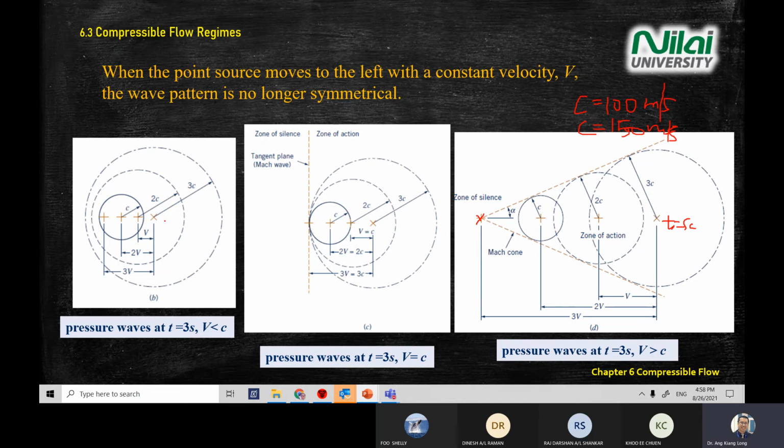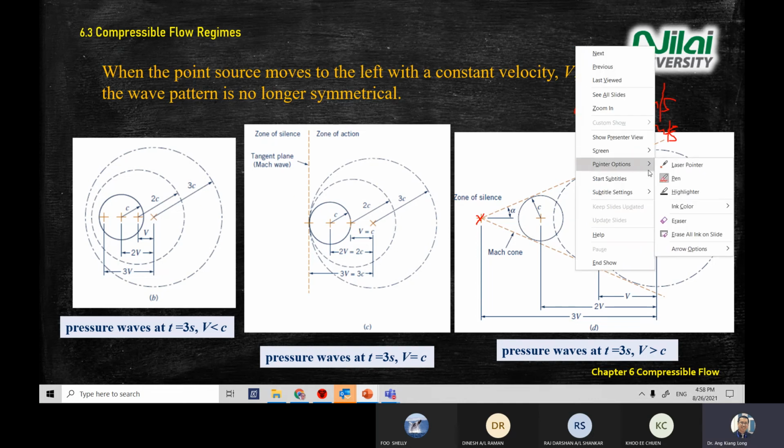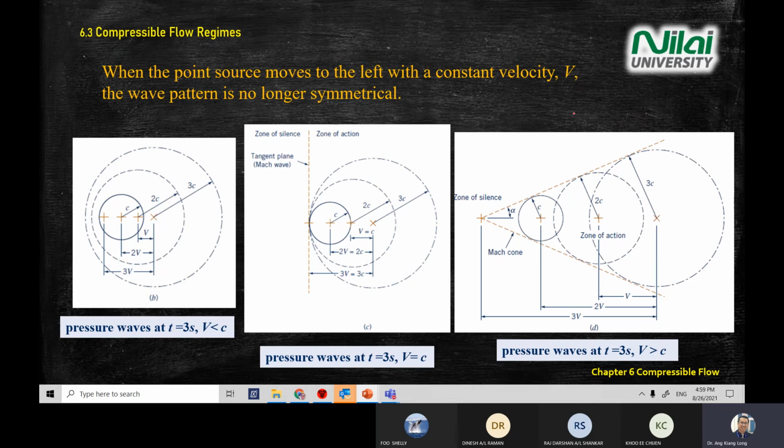So these 3 graphs explain why the military is interested in investing money in supersonic fighter jets, because you can reach your target before your enemy detects your movement. If you can fly faster than the speed of sound, your enemy will not detect you.